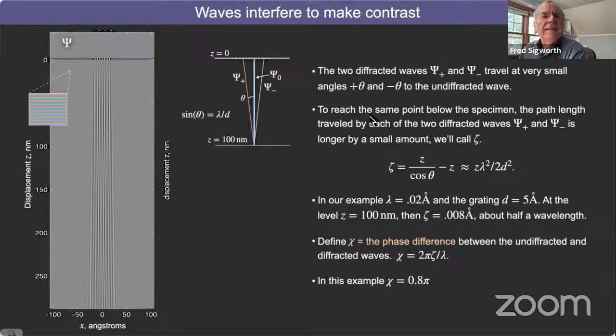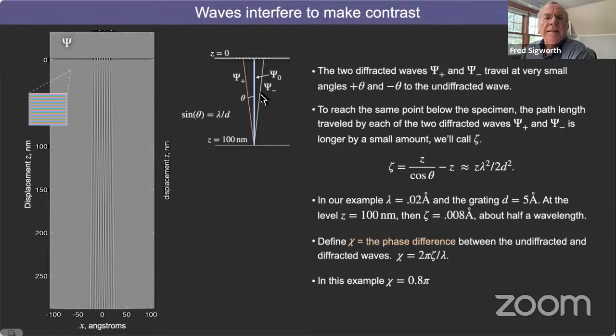What's happening is that the undiffracted wave is interfering with the diffracted waves, which are moving at this small angle. It's very small because the sine of that angle is lambda over d. If we pick some point down here, the intensity we're looking at is the intensity of the undiffracted wave plus the diffracted waves that have come down from other locations on the object, and they interfere right here.